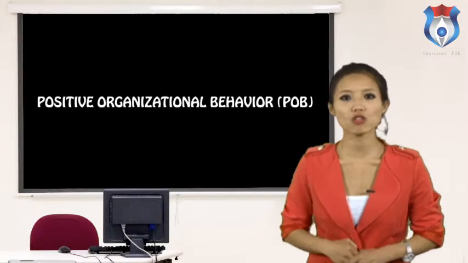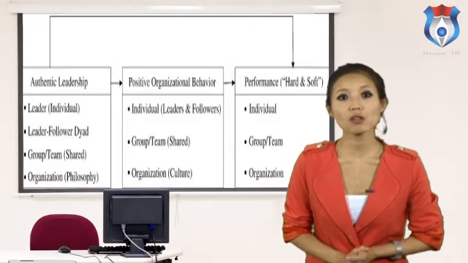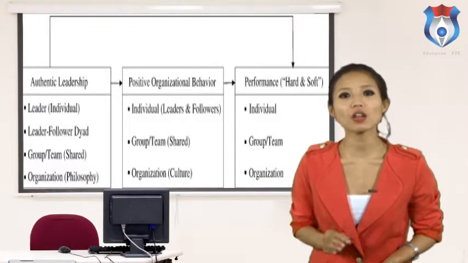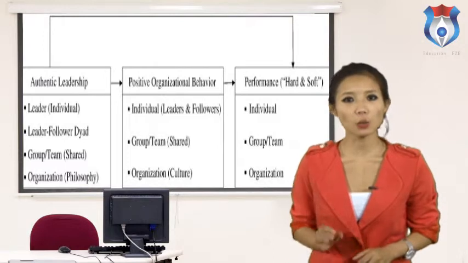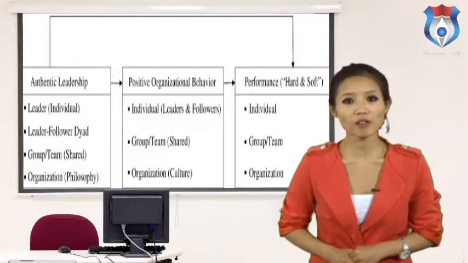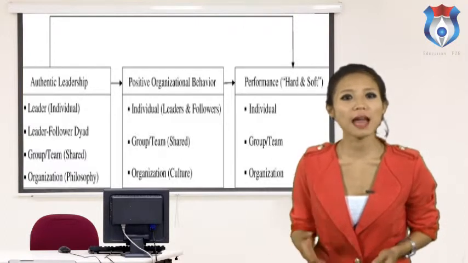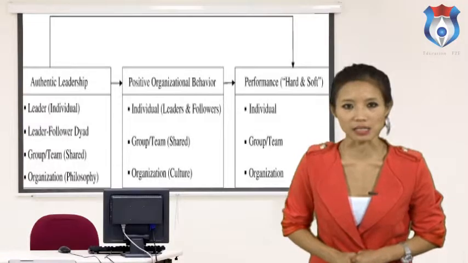Positive organizational behavior, POB. Positive organizational behavior represents the study of how positive emotions relate to employee performance in the workplace. It explores how positive psychology applies to the work environment and how employees can be taught to improve their positive psychological resource capacities.